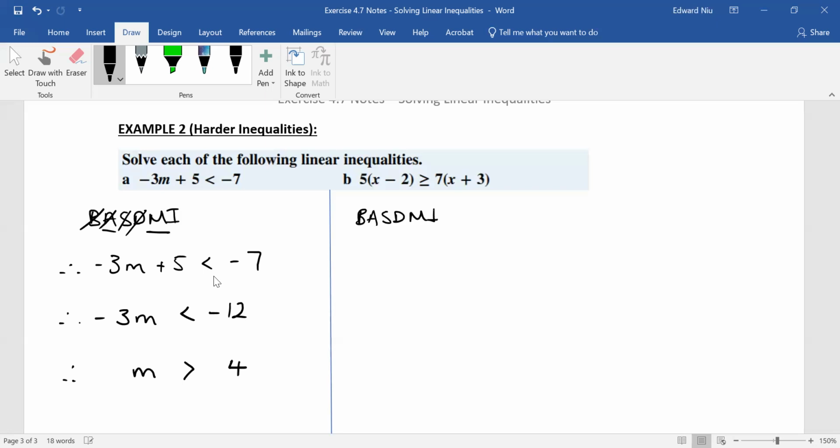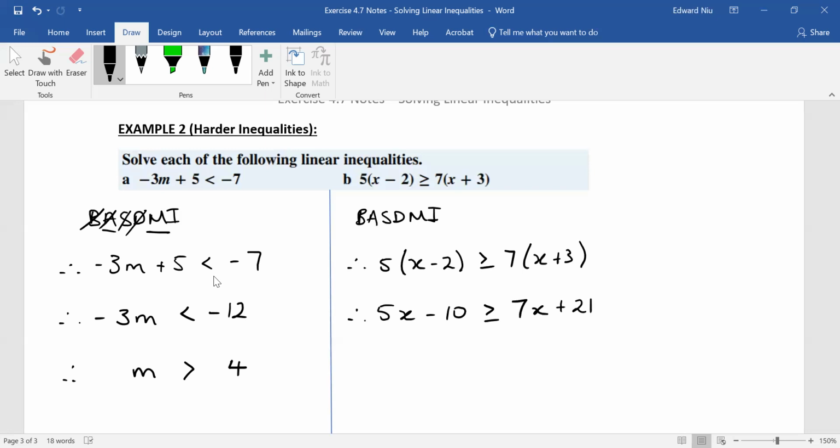For the second part, we have brackets. So here we need to expand the brackets out. We need to go 5x take 10. Using our single bracket expansion rules, we have 7x plus 21, because 7 times x, 7 times +3, and we've eliminated the brackets.